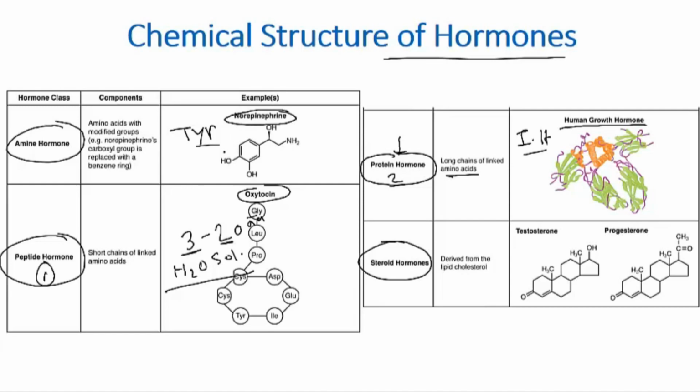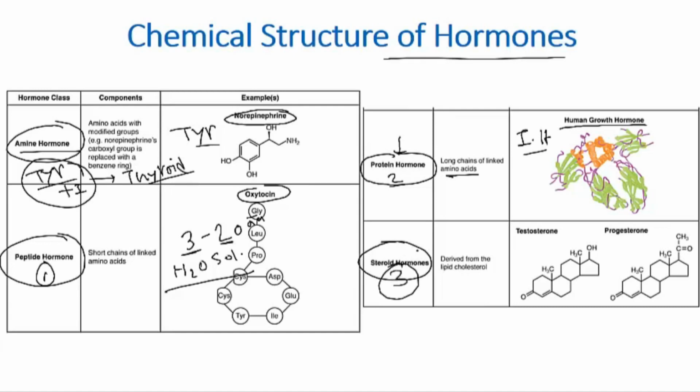Now thyroid hormone is also another example of this amine type of hormones, but thyroid hormone is lipid soluble. Thyroid hormone is created once iodine is added to tyrosine. So if you have a lot of tyrosine residues and you attach iodine to it, it converts that tyrosine into thyroid hormone.